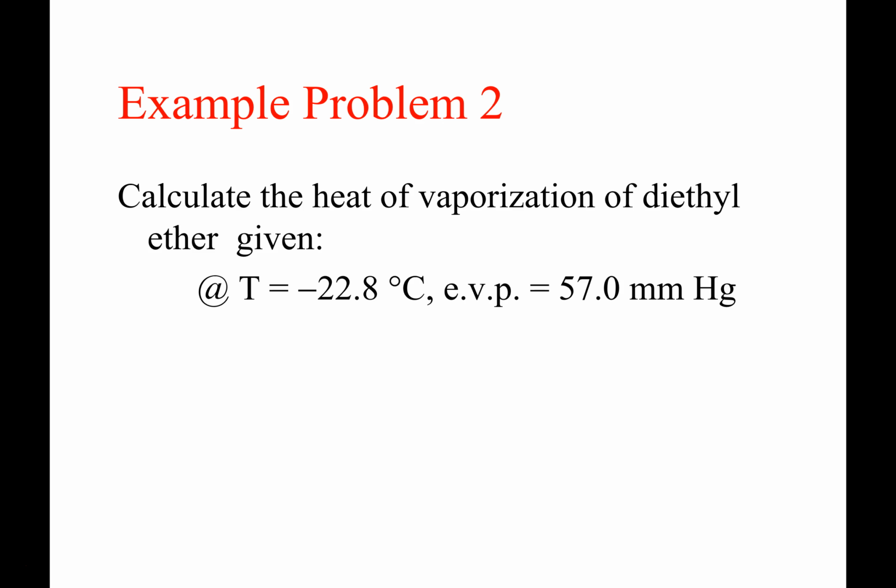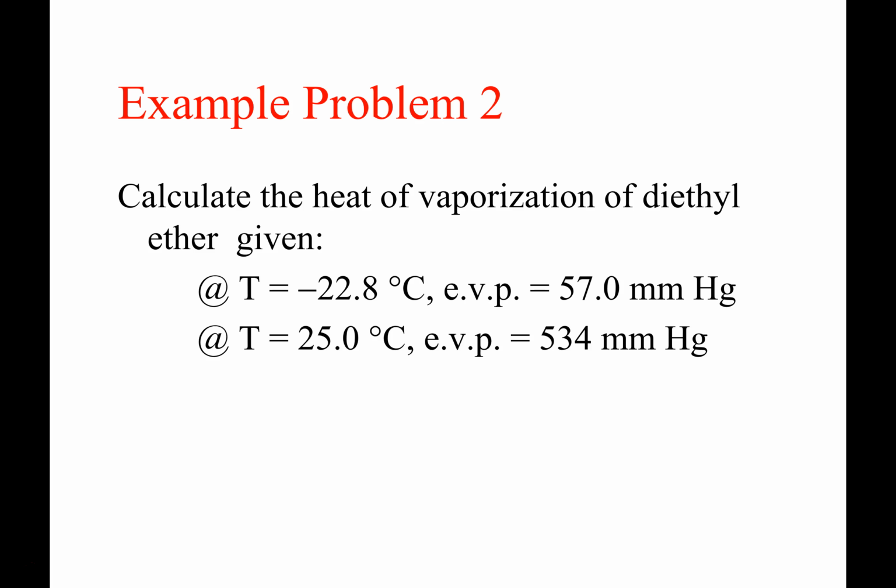At the temperature of negative 22.8 degrees Celsius, the equilibrium vapor pressure of this volatile substance was 57.0 millimeters of mercury. They ran it at a second temperature, about room temperature, 25 degrees Celsius. Not so surprising, the equilibrium vapor pressure went up to 534 millimeters of mercury.